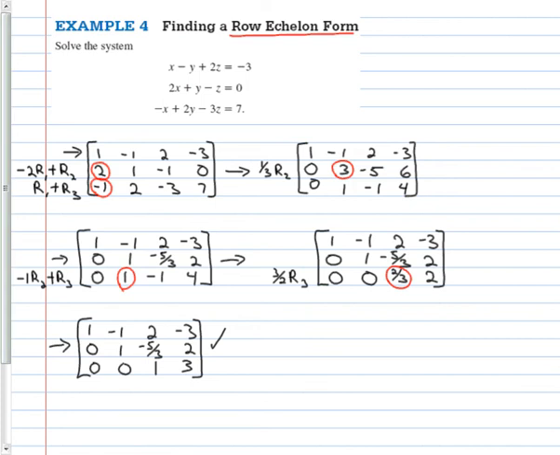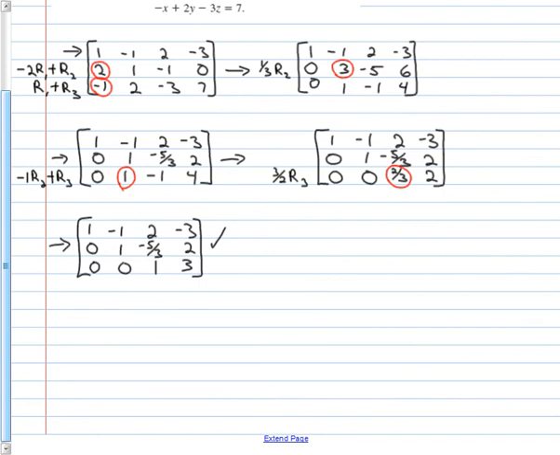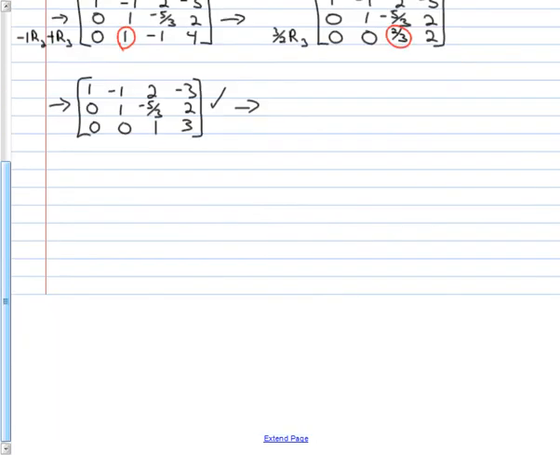Now their question was, solve the system by finding this row echelon form. Well, this represents the system of equations. I'm going to start with the last row, x, y, z: 1z equals 3. That's what that bottom line is. This again is triangular form in a matrix.